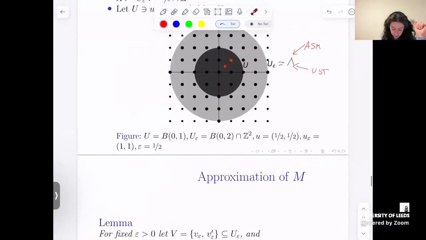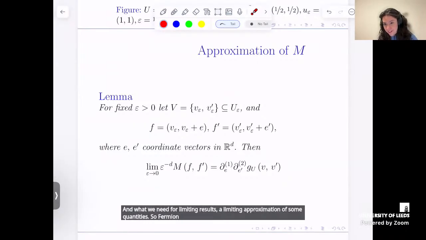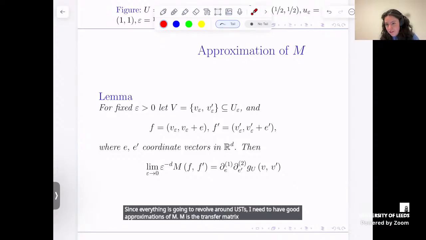And what we need for limiting results are limiting approximations of some quantities, so fermionic variables are not enough. Since everything is going to revolve around USTs, I need to have good approximations of M. M is the transfer matrix, which I remind you is what encodes essentially the edge probabilities of the UST.